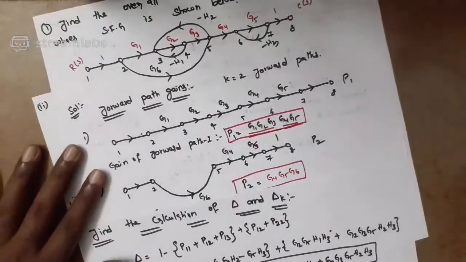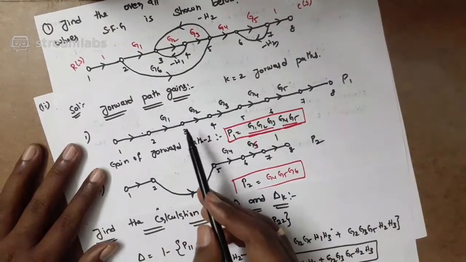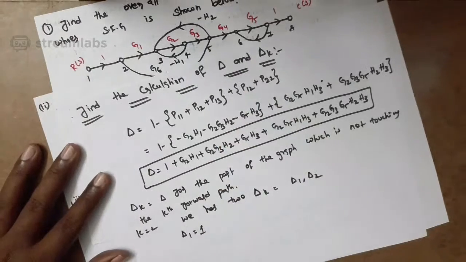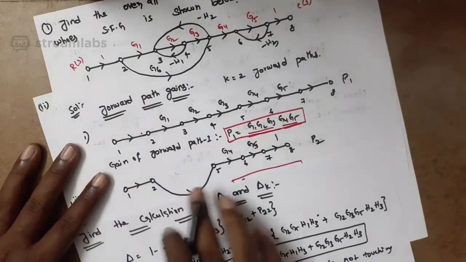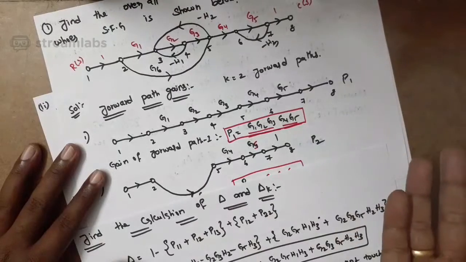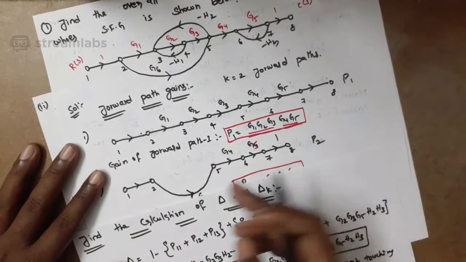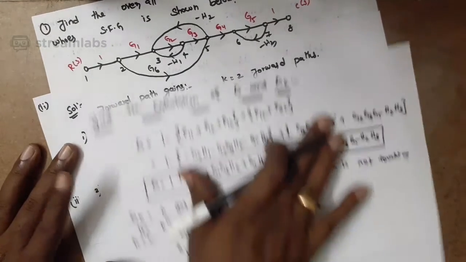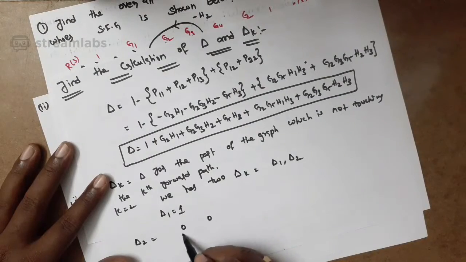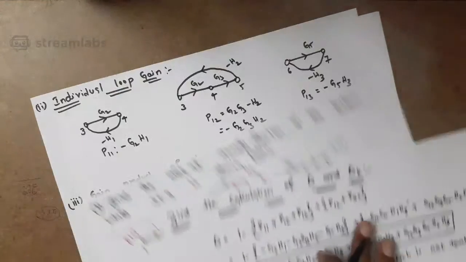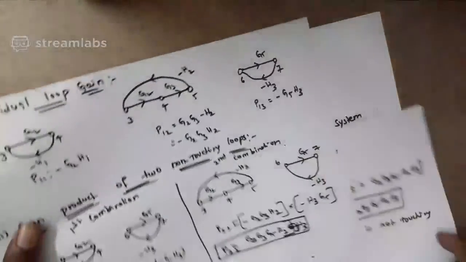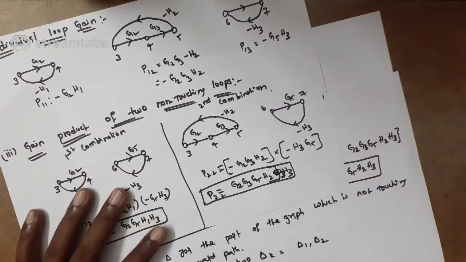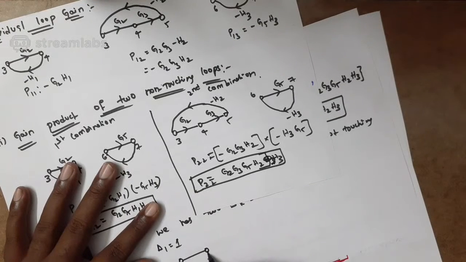And coming to the second forward path, see here, nodes 1 and 2 are in the path, so 3 and 4 are the nodes missed. So 3 and 4 are the nodes not touching the forward path. So now we are going to find the delta for the nodes 3 and 4. This is the loop at 3 and 4, G2 minus H1.